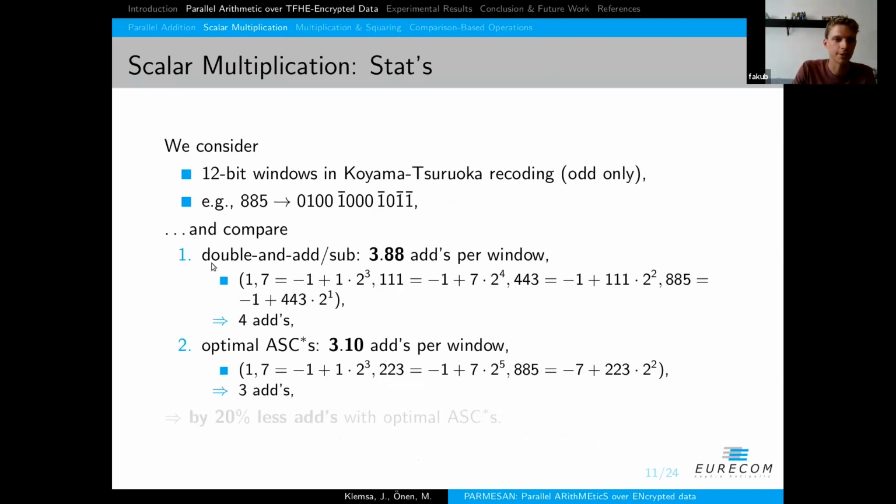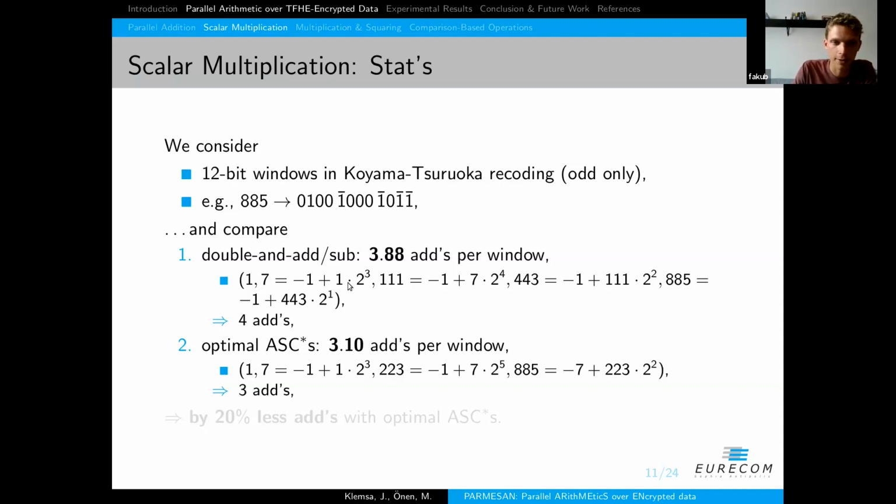First, we take the standard double and add/sub, which reads the recoding from left to right, and gradually adds and shifts the number. So here we take the number, we shift, we add, we subtract, we shift, we subtract, we shift, subtract. So all we need is 1, 2, 3, 4 operations.